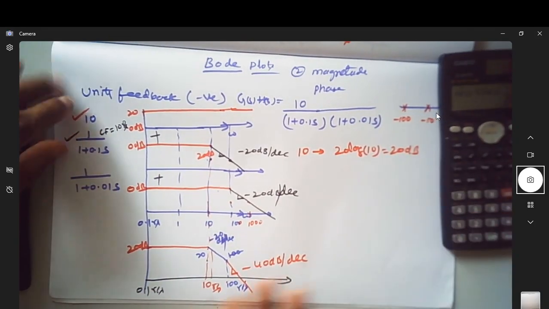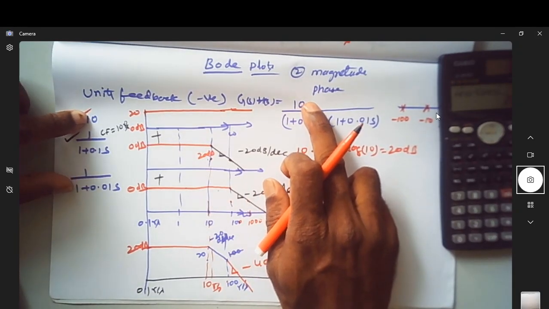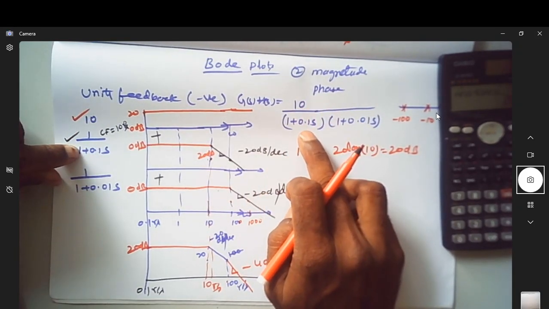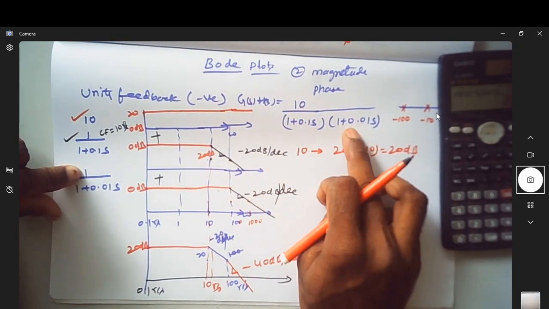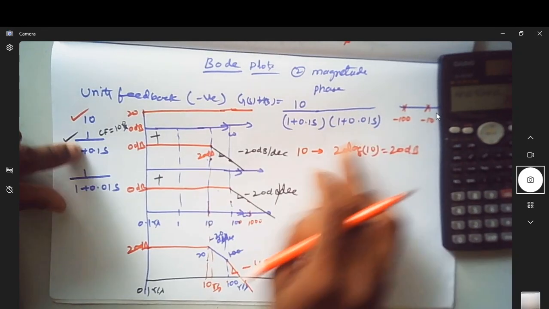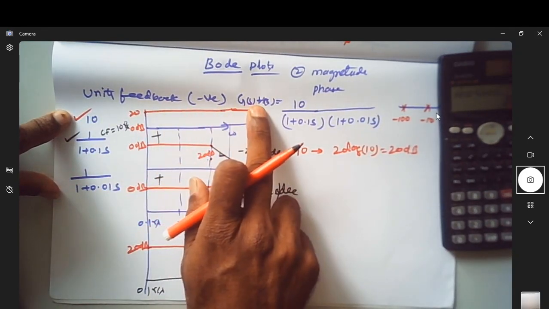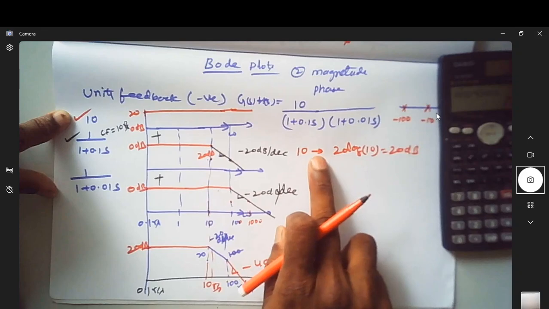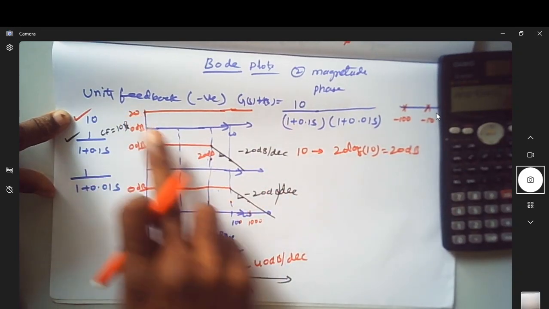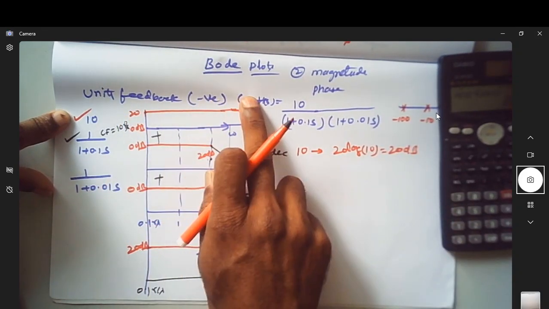What we did, we took the individual terms: 10, 1 over 1 plus 0.1s, 1 over 1 plus 0.01s. We wrote the individual plots. This is for 10, which is 20 log of 10, which is 20 dB. So this is a 20 dB line.